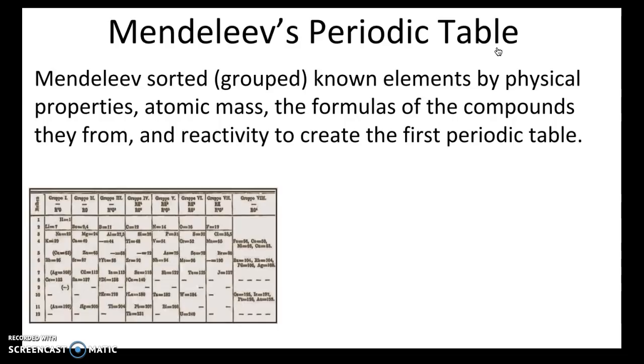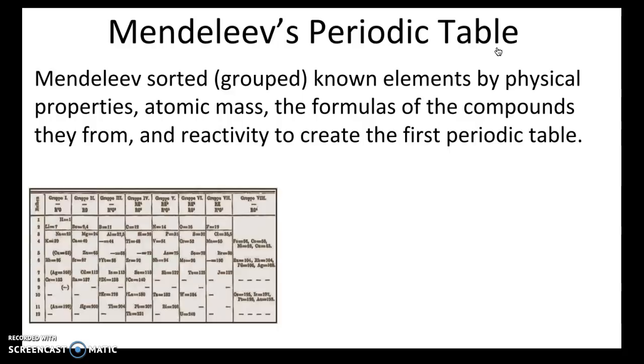For example, if we look at luster, which is shininess, elements that are shiny, which would represent a lot of the metals, he grouped those together. And those that were dull, he grouped together in a different group or section. He also grouped them by their atomic mass, so heavier elements were put in a section, lighter elements put in another, the formulas of the compounds that they form, and reactivity as well.